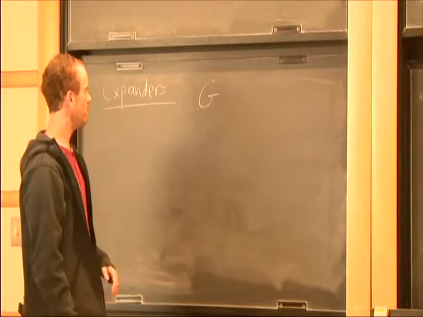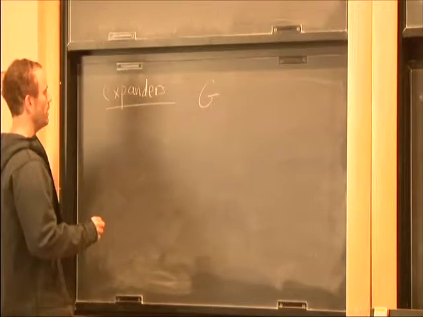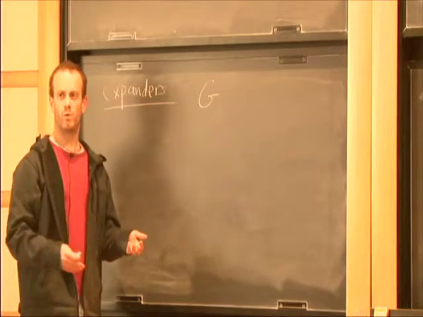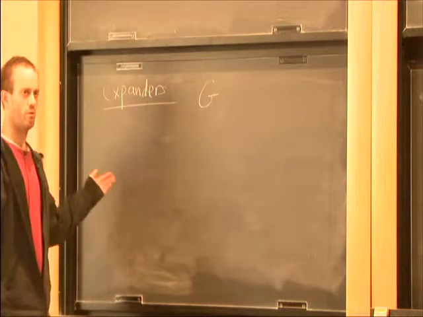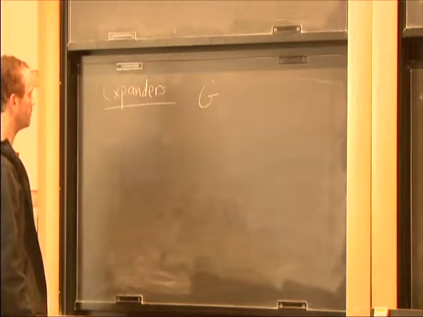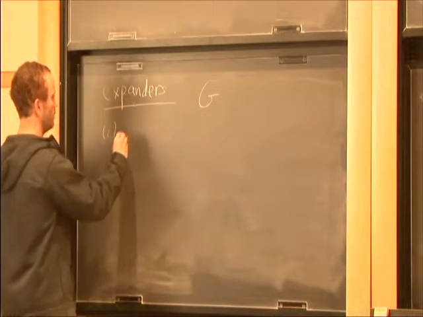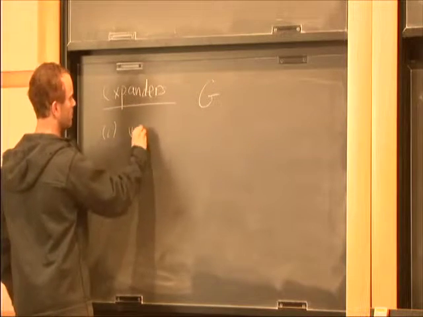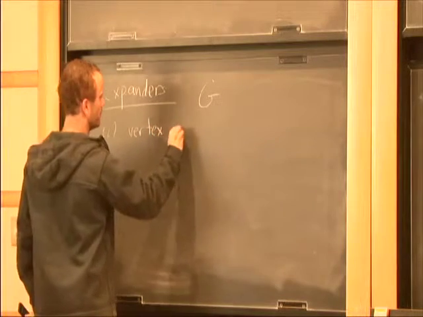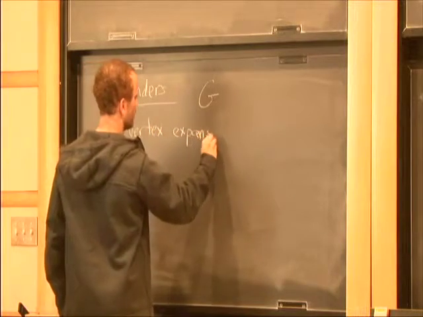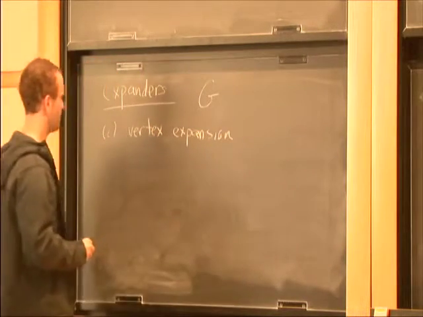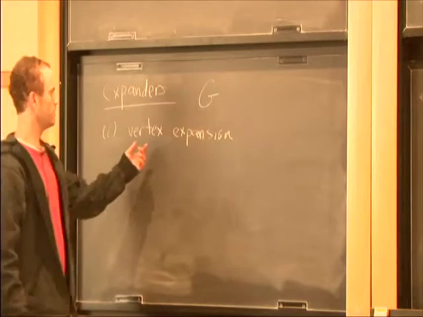So we have some graph. In general, there are many equivalent definitions for a graph to be an expander. The first definition that I will use is vertex expansion. What is vertex expansion?